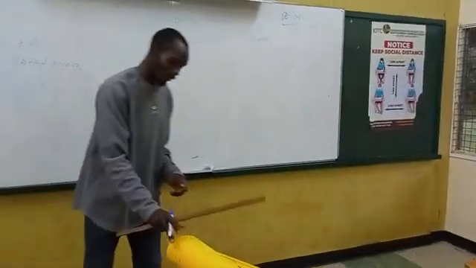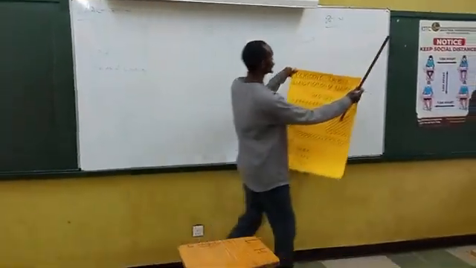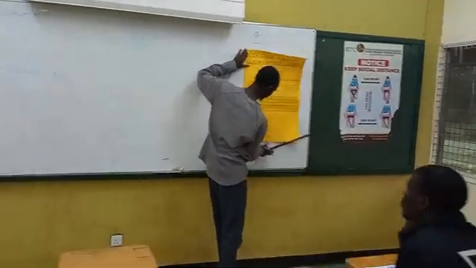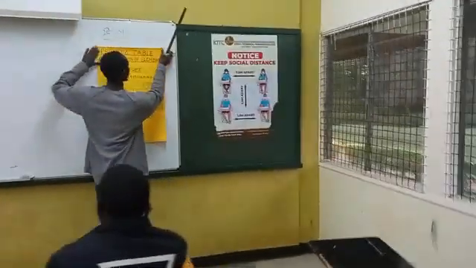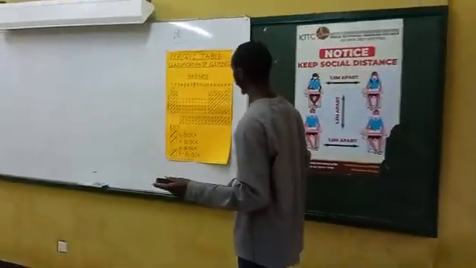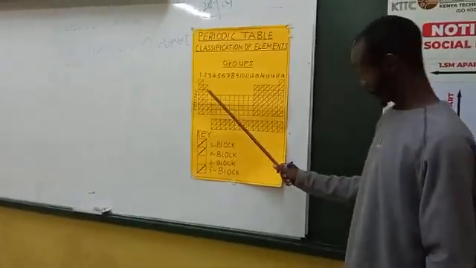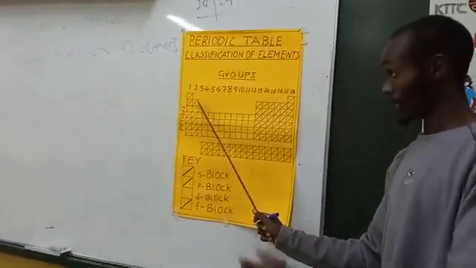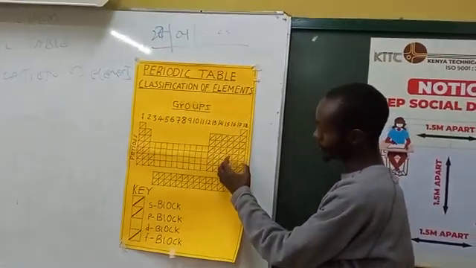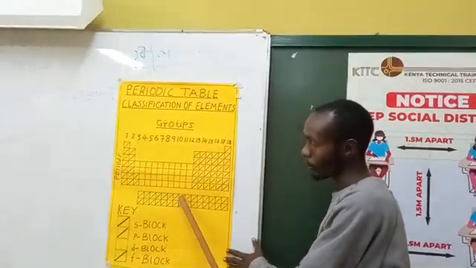Now, I want to use this chart for you to be able to see. We have the block at our left side, the block at this far end, the block in the middle, and then the lower block.